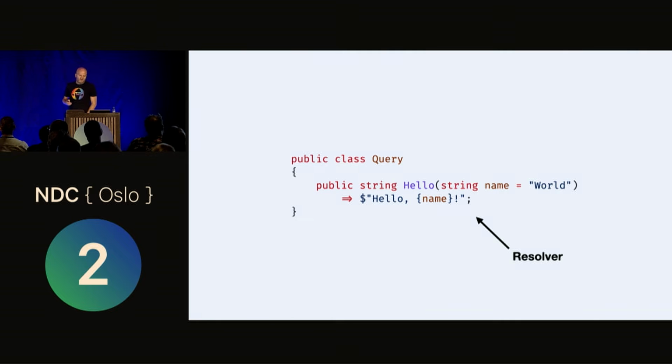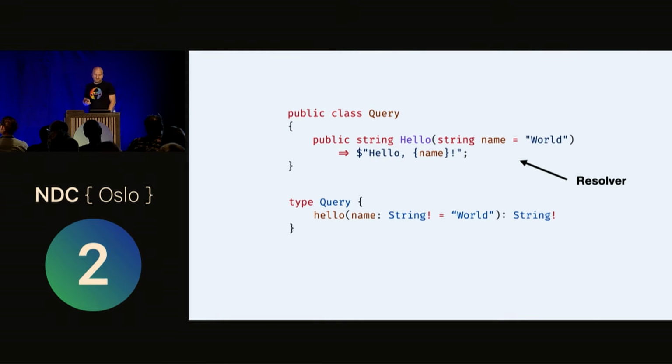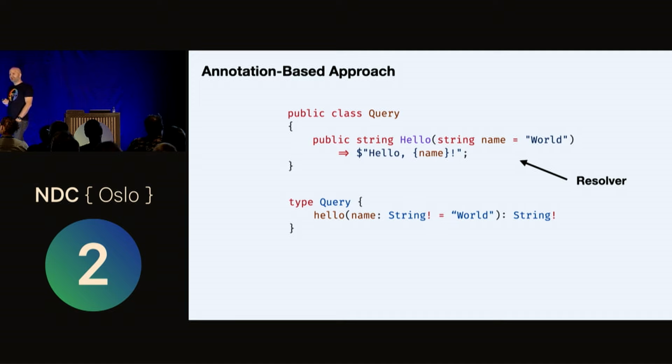And from that resolver we infer the GraphQL type, and we call that the annotation-based approach. This is the original GraphQL approach that Facebook came up with. They didn't want to have a second specification language. They wanted their developers to write code, and this code exposes your service layer.